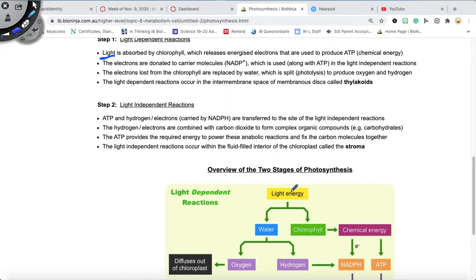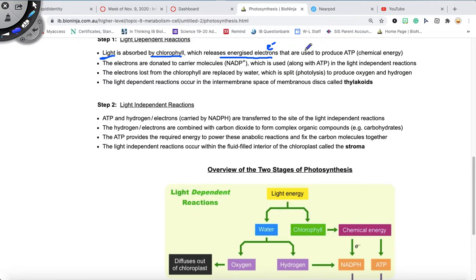And the light energy that comes from the sun is absorbed by chlorophyll, the photosynthetic pigment. And that photosynthetic pigment releases energized electrons. So remember that in cellular respiration, we learned that electrons could carry energy.